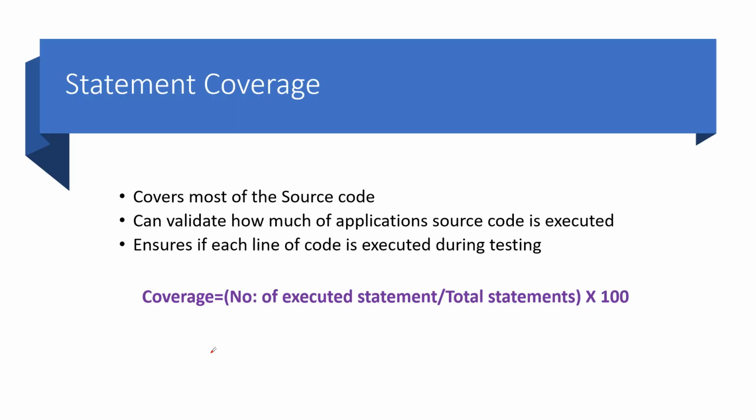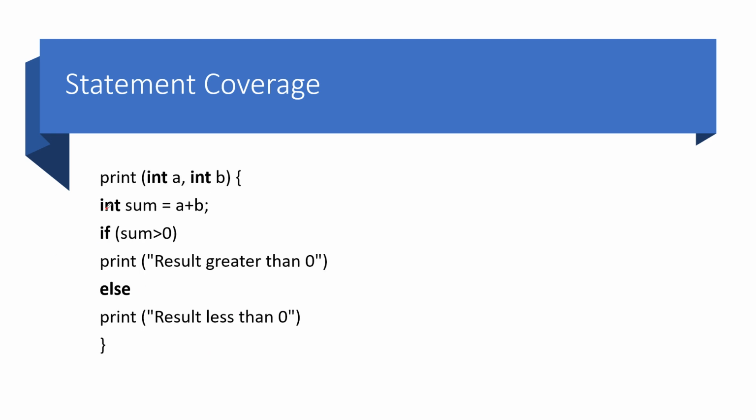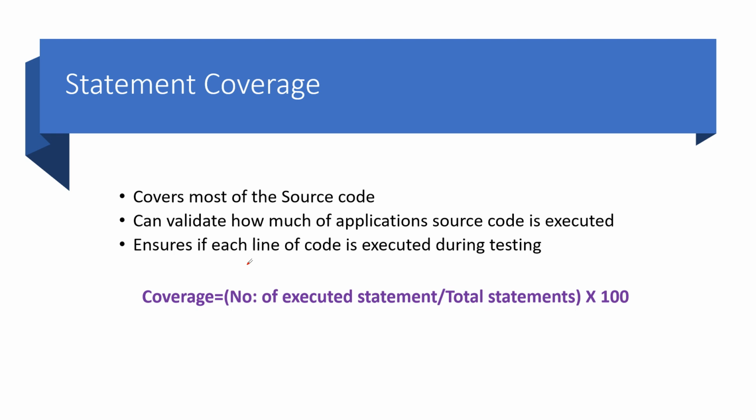Statement coverage: if you take a code, we have multiple statements inside the code. This method helps in covering most of the source code and can validate how much of the application source code is executed. Every time, based on what input you give, only those lines of code will get executed. Not every time will all lines of code get executed.